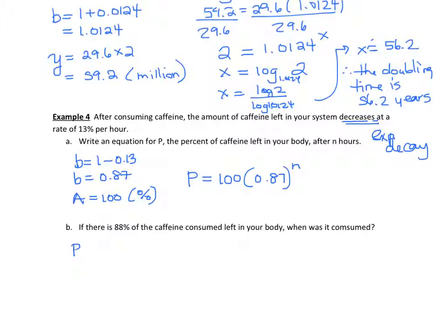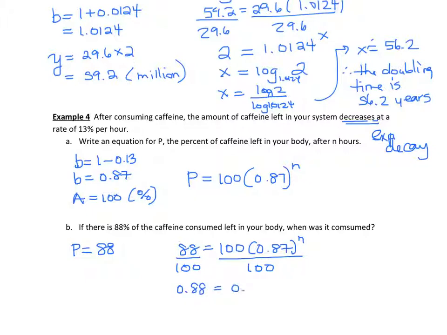So now in this question, we're going to fill in 88 as our P value. We're going to divide both sides by 100. So 0.88 equals 0.87 to the exponent n.